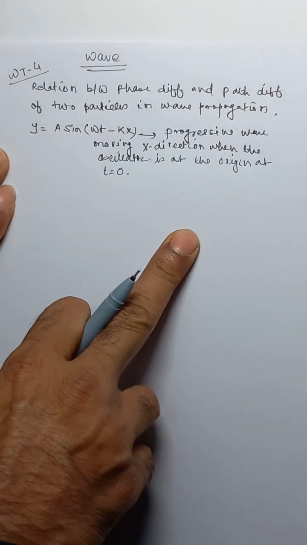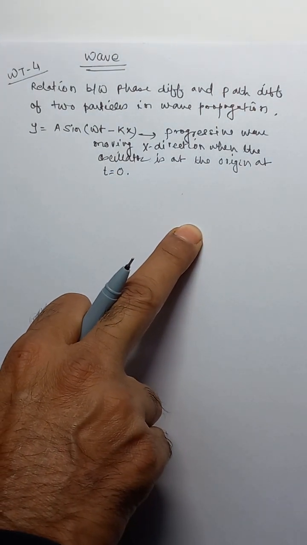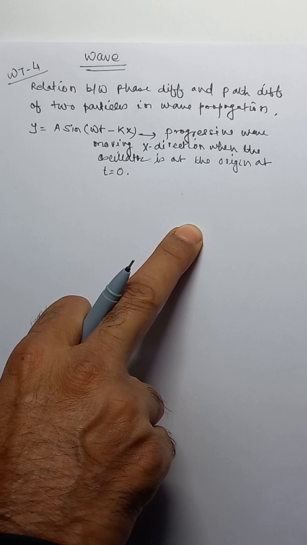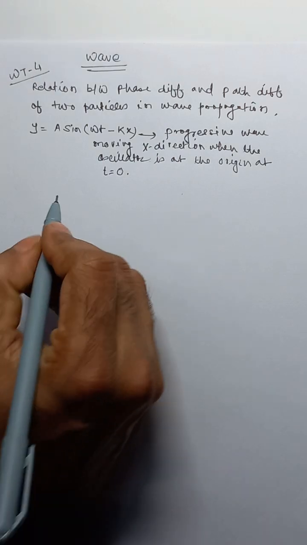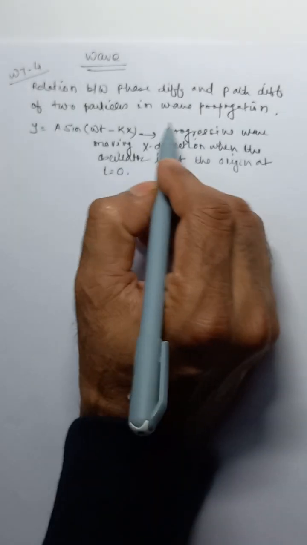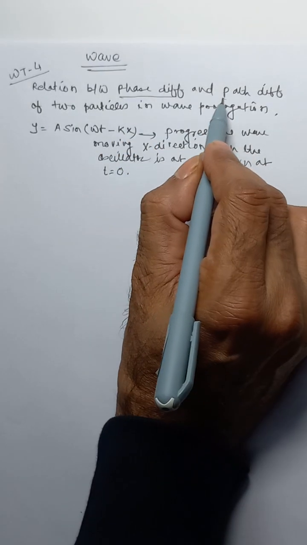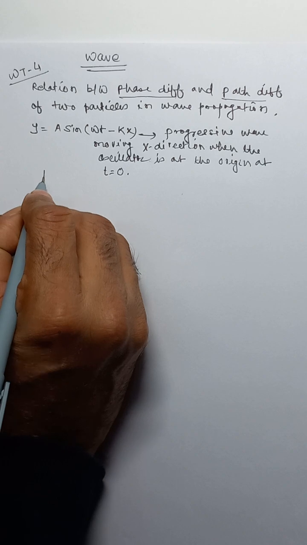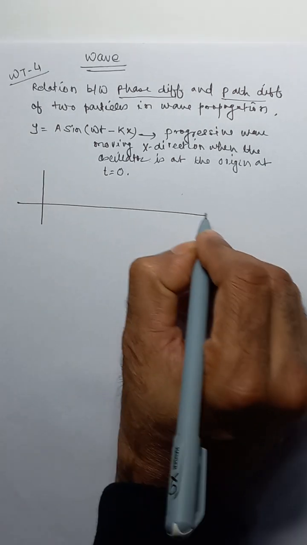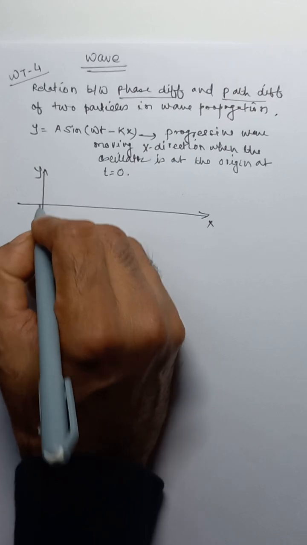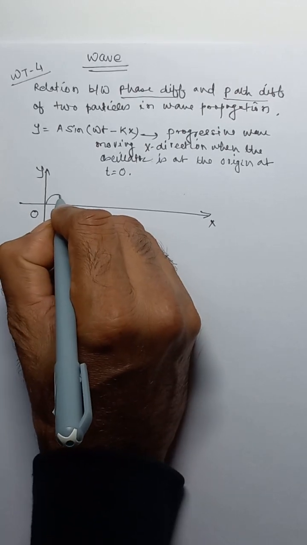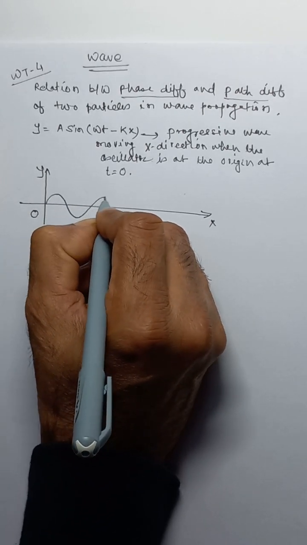During the derivation of this equation, the logic we used, the same thing I am going to repeat in this video, and then we will derive the relationship between the phase difference and the path difference. If I draw this wave, this is the x-axis, this is the y-axis, this is the origin O, and say this is the wave, which is traveling.